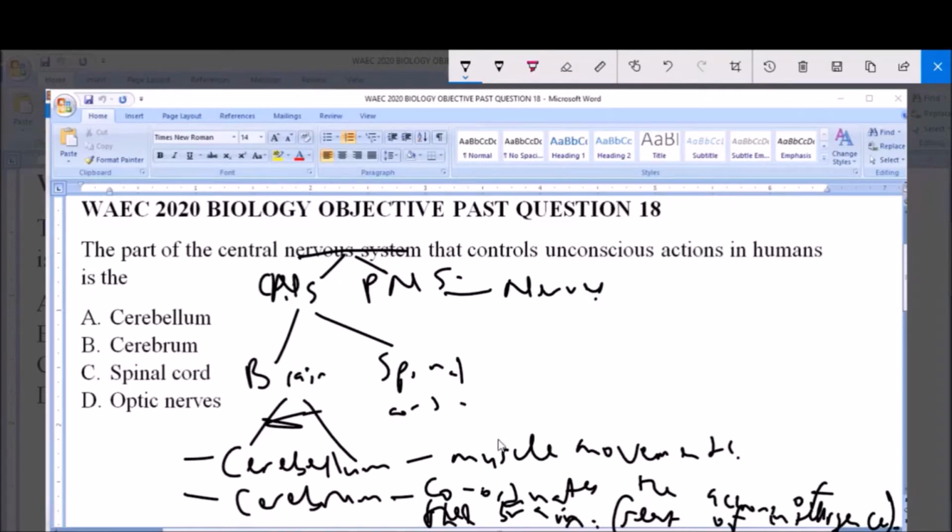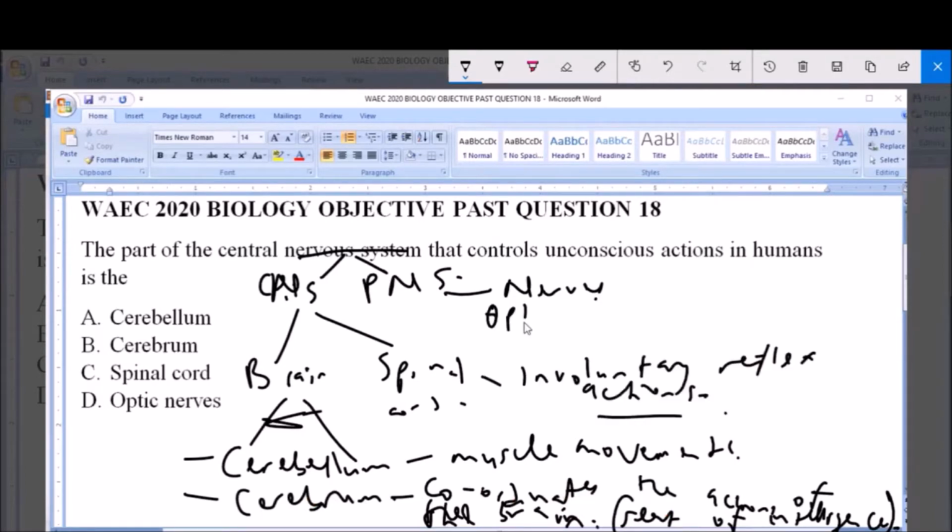Now, the spinal cord is responsible for involuntary reflex actions. And then option D, the optic nerve, is just the nerves that send information from the brain to the eyes.